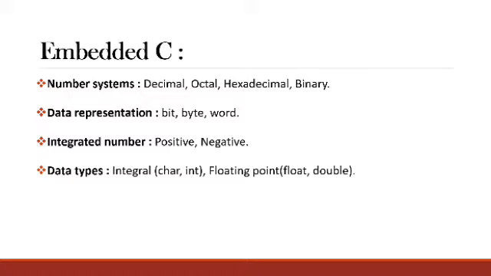Hexadecimal has values from 0 to 9 and A to F. Binary has zeros and ones. Data representation has bit, byte, and word. 8 bits make 1 byte. The integer numbers are positive and negative integers, and data types are int, char, floating point, float, double, and more.